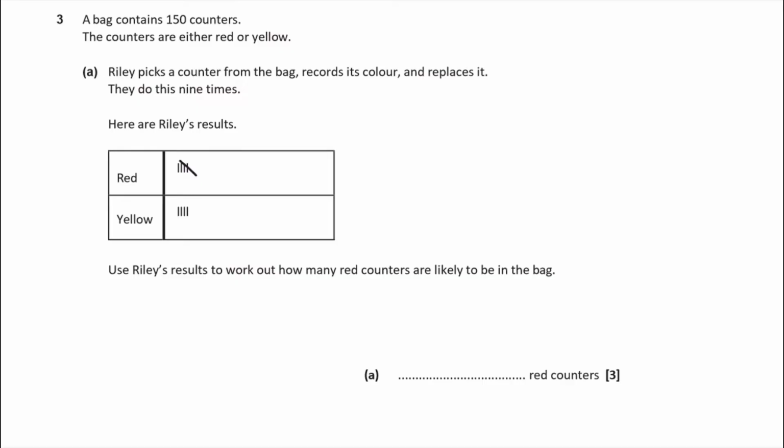Okay, so the relative frequency of red is going to be the 5 reds that he got divided by the 9 draws he made. So that is the relative frequency we've got from the limited testing that he's done.